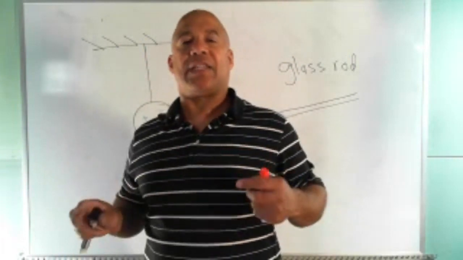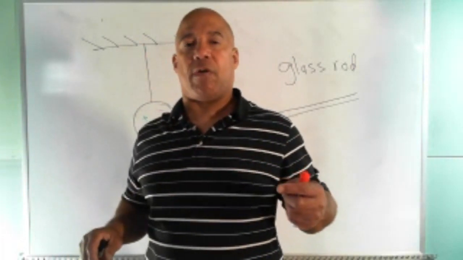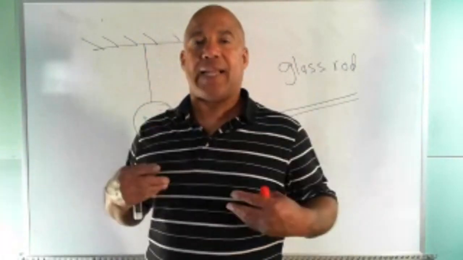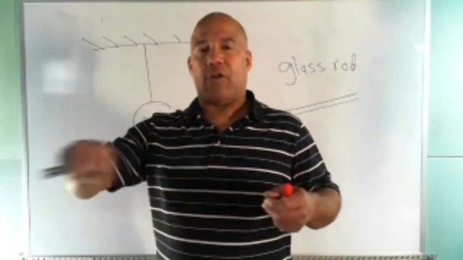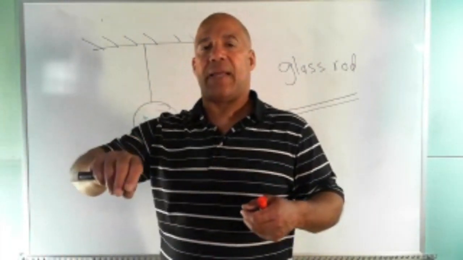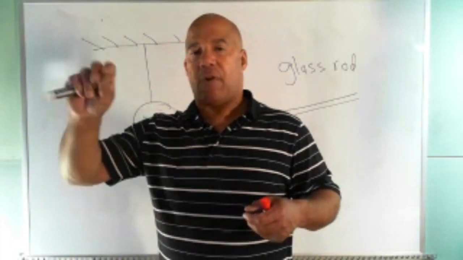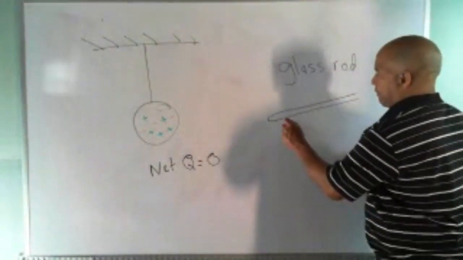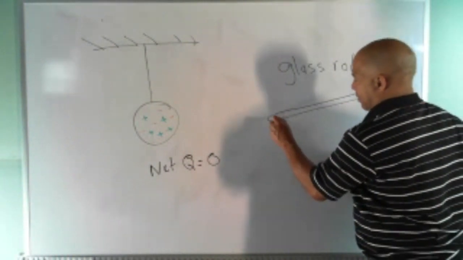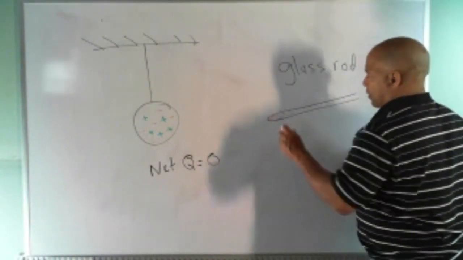Just like electrons were transferred from the carpet to your body from dragging your shoes across the carpet, if I take some silk and rub it across a rod, I can transfer electrons from the material to the glass rod. I can charge this to be negative. So let's say I charge that to be negative.